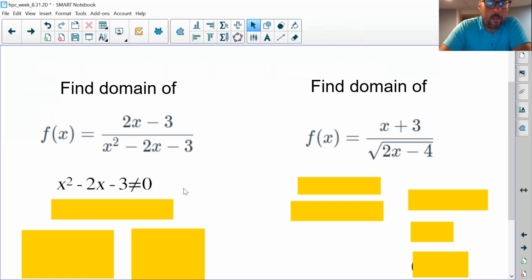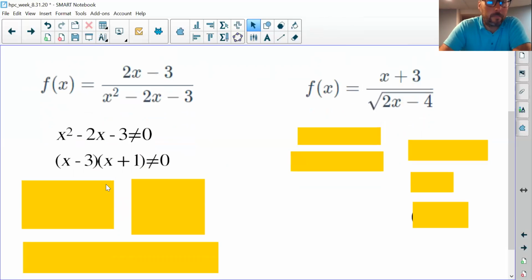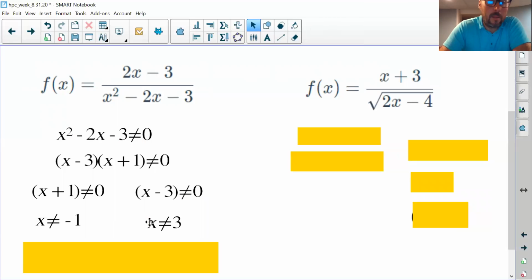And so I need to figure out, what are the x values that would make this equal 0? And then I need to exclude them. Luckily, it's factorable. It factors into x minus 3 times x plus 1. So we set each factor to 0. X plus 1 can't equal 0, which means x can't be -1. And then x minus 3 can't equal 0, which means x can't equal 3. So the domain is all real numbers except for -1 and 3.